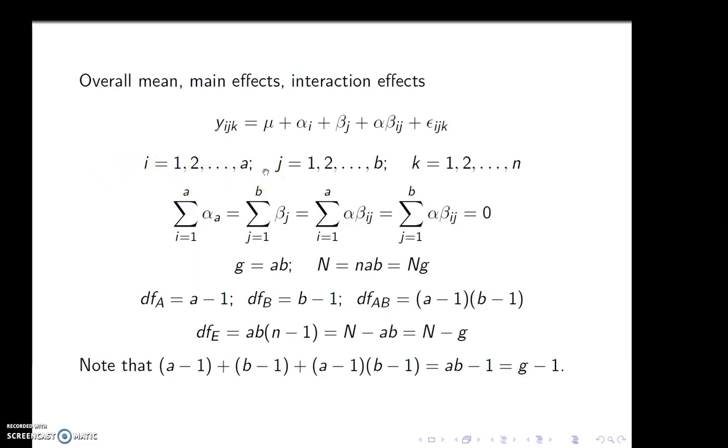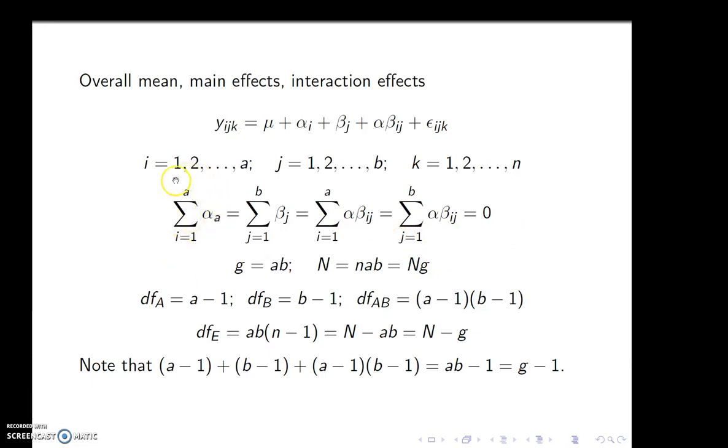Now here's our constraints. The sum of all the main effects for A, I think this should be an I right here rather than an A. It should be I, alpha I, I equal 1 up to A. The main effects for B, and the interaction effects, be careful here: the interaction effects when we sum only across the I or A levels, and the interaction effects when we sum only across the B levels, are all 0.